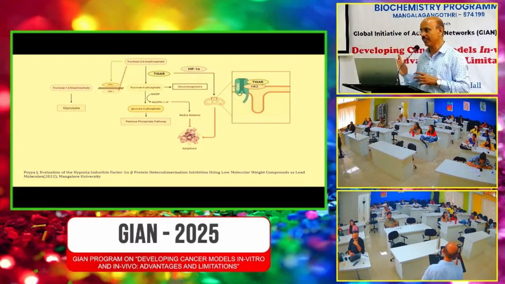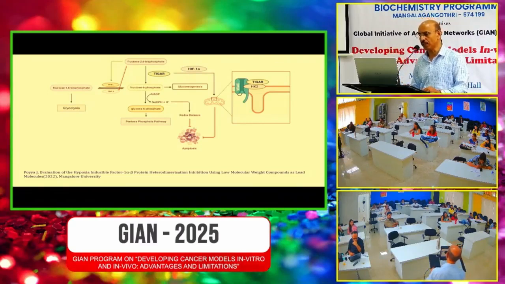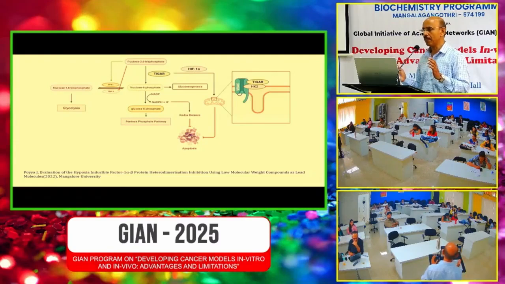We were focusing only on HIF1 alpha, HIF1 beta and HSP90, but he wanted to find out the effect of this particular protein on different other proteins. At that time, a new protein was reported, called the TIGAR protein, a TP53 related protein. That protein is involved in the oxygen gradient and all, and it is somehow linked with cancer.